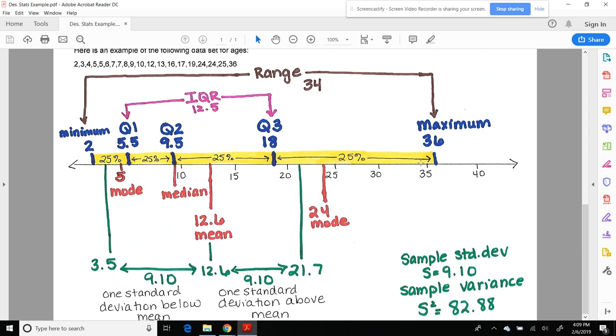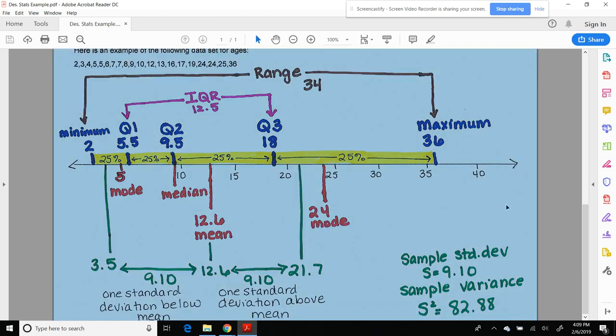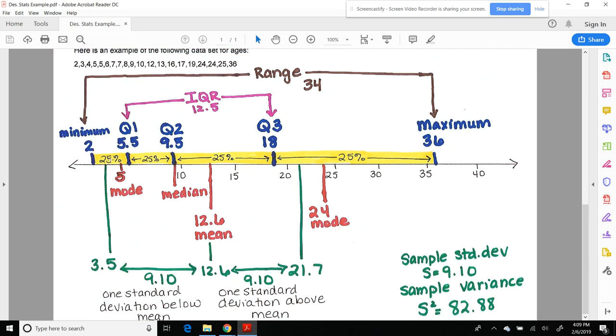So I'm going to think about it this way. If I wanted to find the middle 50% of my data, I would have this area here and this area here, which is my IQR. If I wanted 100% of the data, it goes from 25 plus 25 plus 25 plus 25. That gives me 100%.